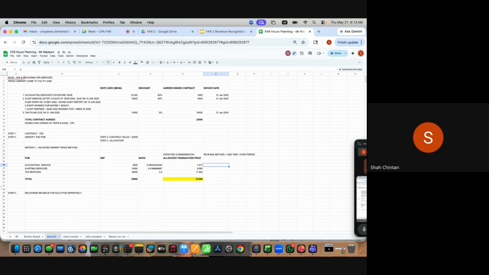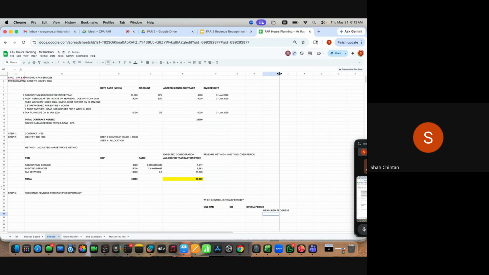So now you can either have a revenue. So the question is when control is transferred. This is the technical one. Either control is transferred one time or it's over a period of time. Now, if it's over a period of time, you have to measure the progress.